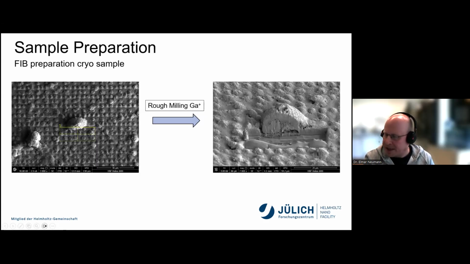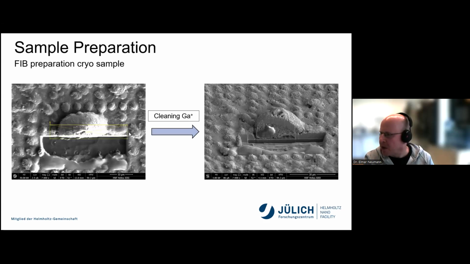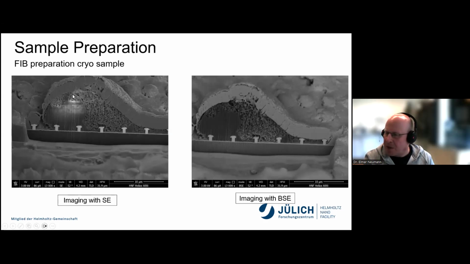After that, same again, defining a field where we do some rough milling, first removing roughly some part of our sample here. After that, a few cleaning steps, and then imaging.